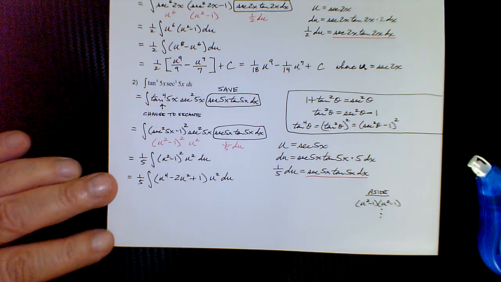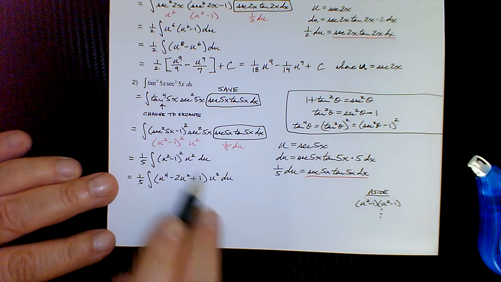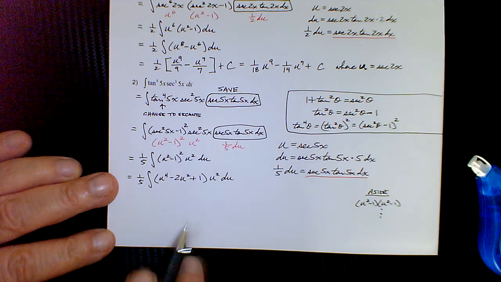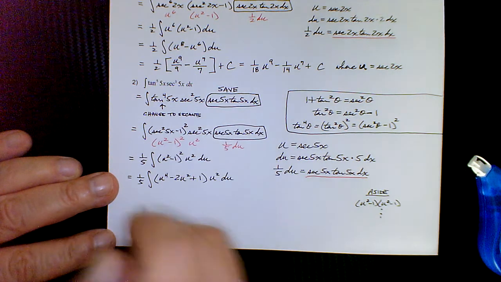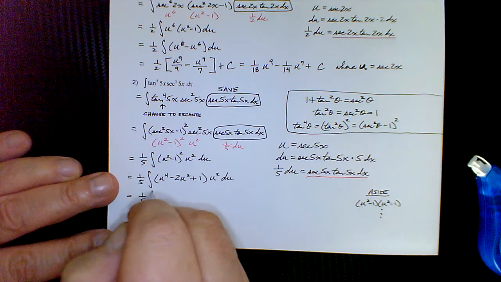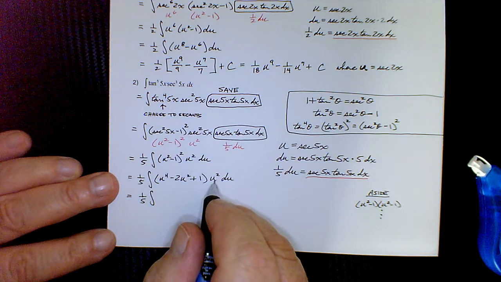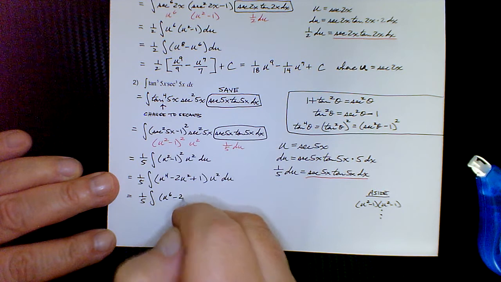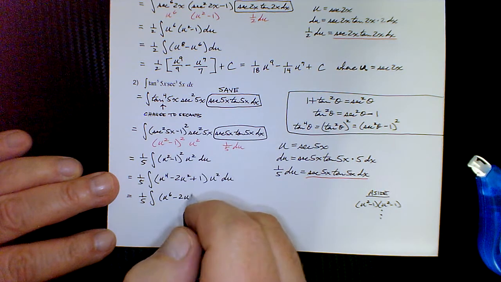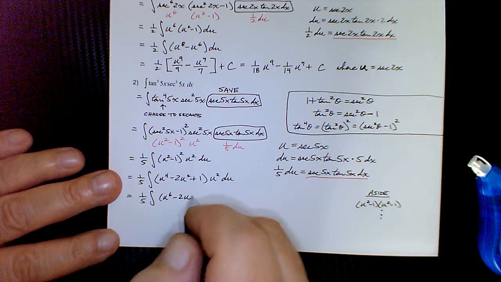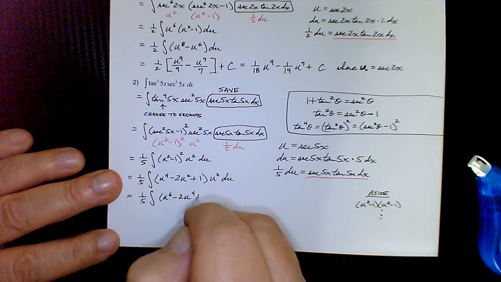Then we have times u squared, don't forget that, and the differential du. So foiling it out, you would get the same result, of course. Before we integrate, we're going to need to distribute this u squared. So 1/5 integral u to the 6th minus 2u to the 4th plus u squared.